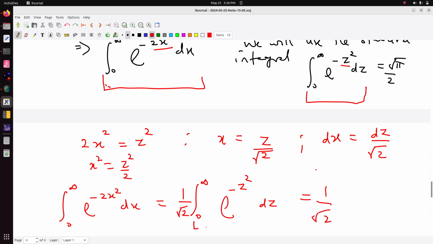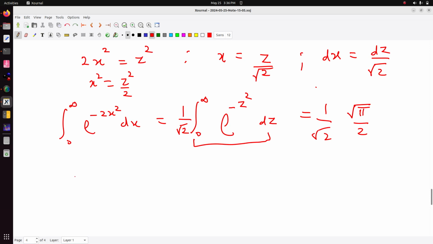Now this integral is what we are given. We are told that it is square root of pi divided by 2. This can be written as square root of pi divided by square root of 2 times 4, so that will be square root of 8.